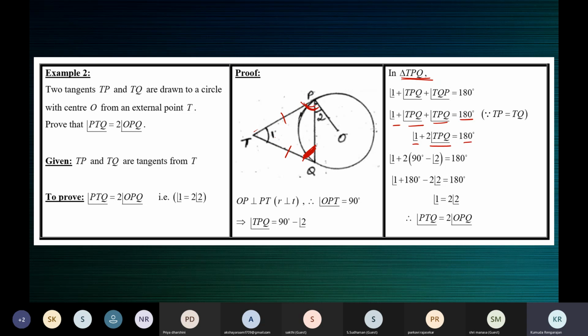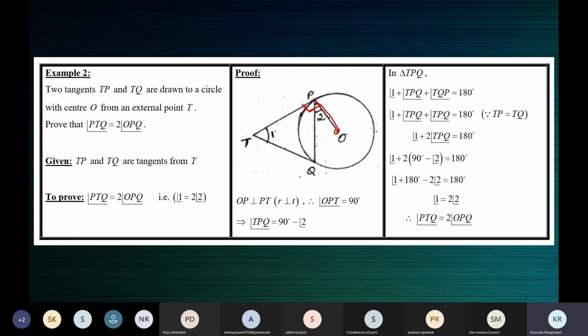But what is angle TPQ? This whole angle is 90, because the radius and tangent are perpendicular to each other.